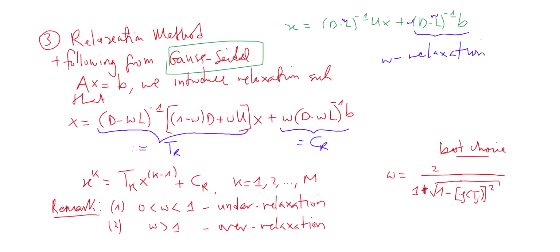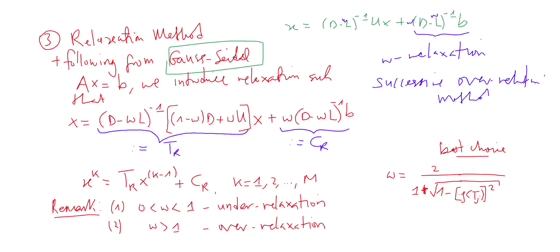And if it is greater than 1, then we call the method an over-relaxation method. So the name becomes successive over-relaxation method, which is usually called the SOR.